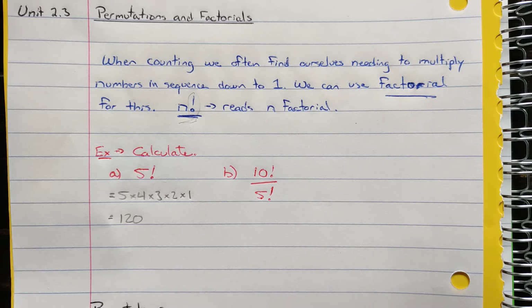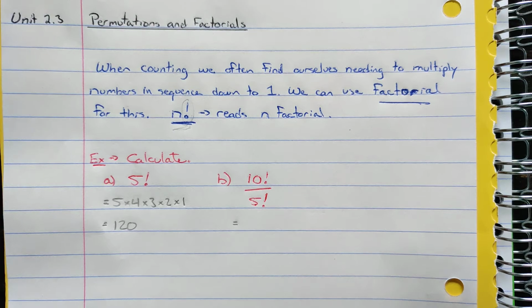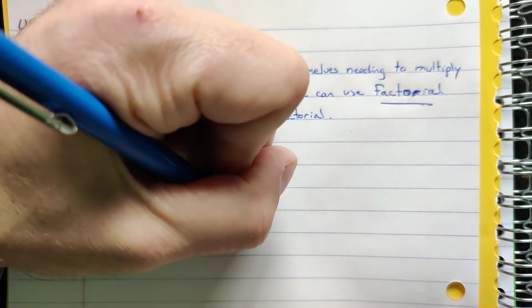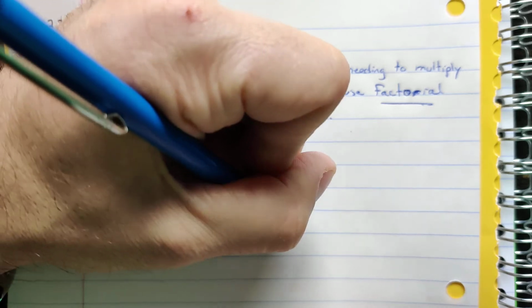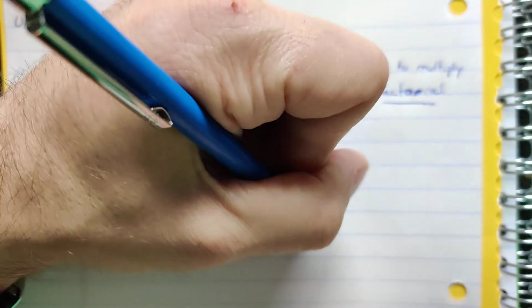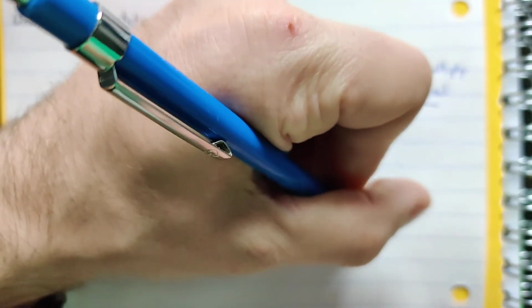So in the case of this next question here, we have 10 factorial divided by 5 factorial. So there's a couple ways to do this. You could do 10 factorial divided by 5 factorial with the calculator, or if we illustrate this, what we have is 10 factorial is 10 times 9 times 8 times 7 times 6 times 5 factorial.